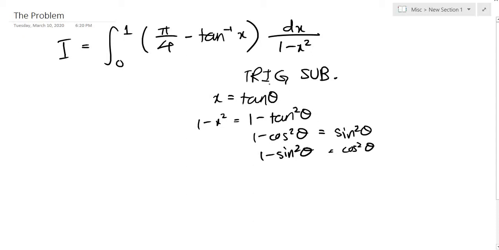So trig substitution seems like a pretty bad idea, because unless we had something like 1 plus x squared in the denominator instead of something like this, then x equals tan theta would have made sense. So it doesn't seem like a really good idea to use trigonometric substitution. So let's forget that.